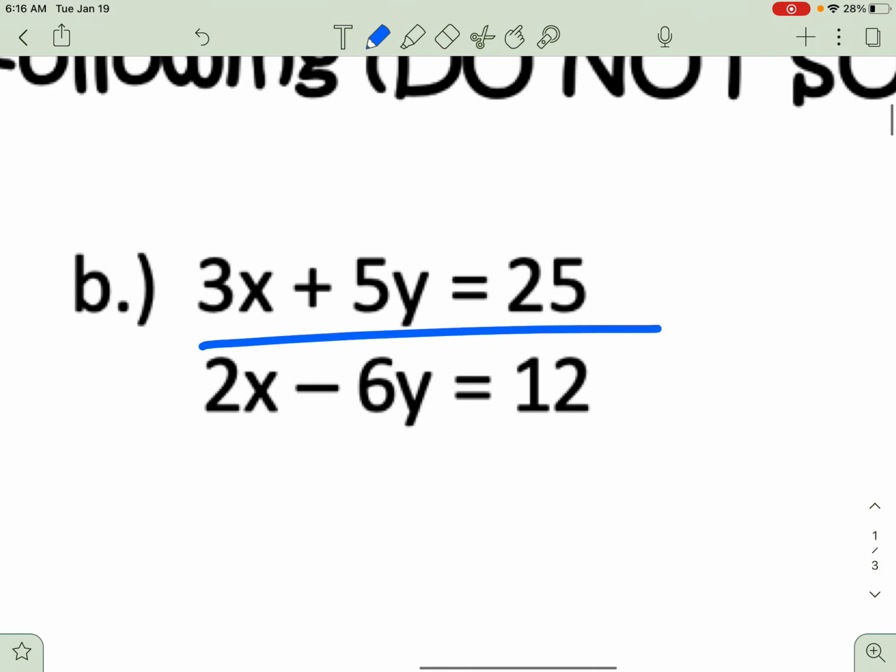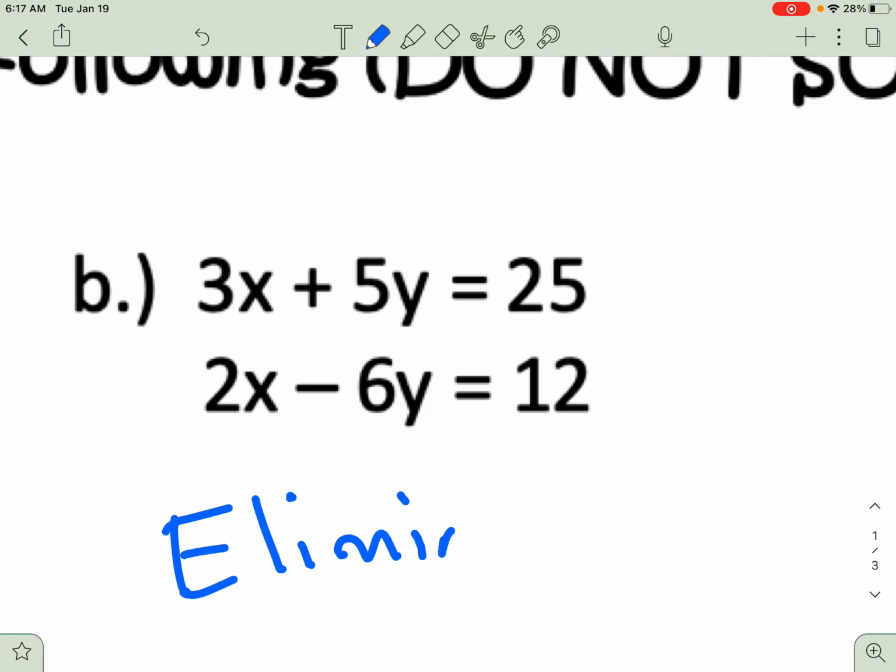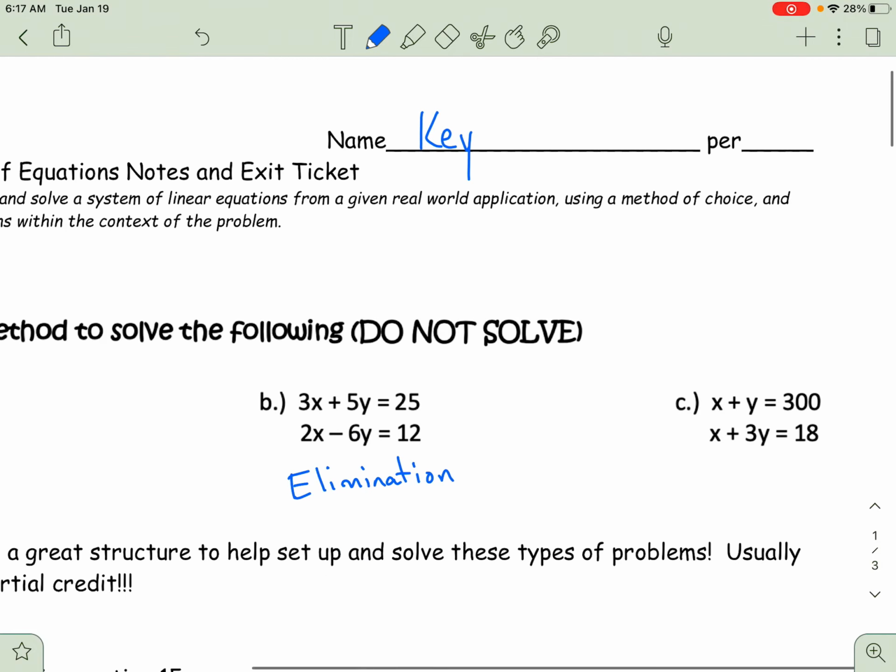Okay. Second one, you have basically two equations in standard form, right? So you could rearrange them if you want to, but the best way here is where you multiply both sides, right? So this is going to be elimination is the best way to solve this one.